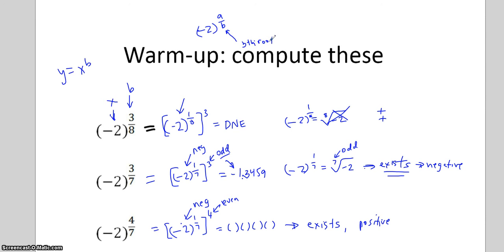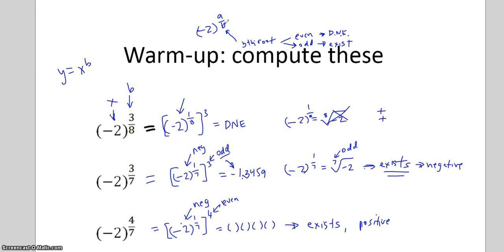If you think about all these examples, that's really what we're doing here. Well, if the bth root is even, we're going to get a situation where it just doesn't exist, because there's no number that multiplies an even number of times to get a negative number. If it's odd, that thing will exist.